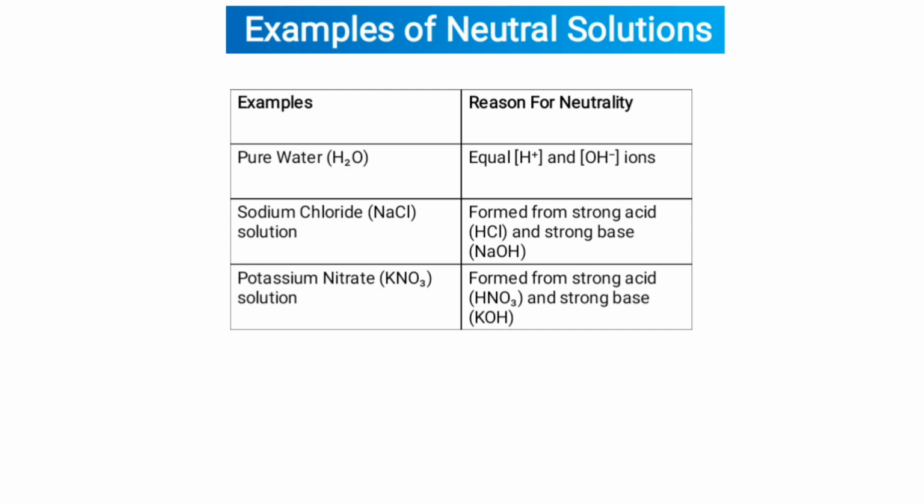Second one is sodium chloride, NaCl, solution. Reason for neutrality, as this is formed from strong acid HCl and strong base NaOH. Third example is potassium nitrate, KNO3, solution. Reason for neutrality, it is formed from strong acid HNO3 and strong base KOH.